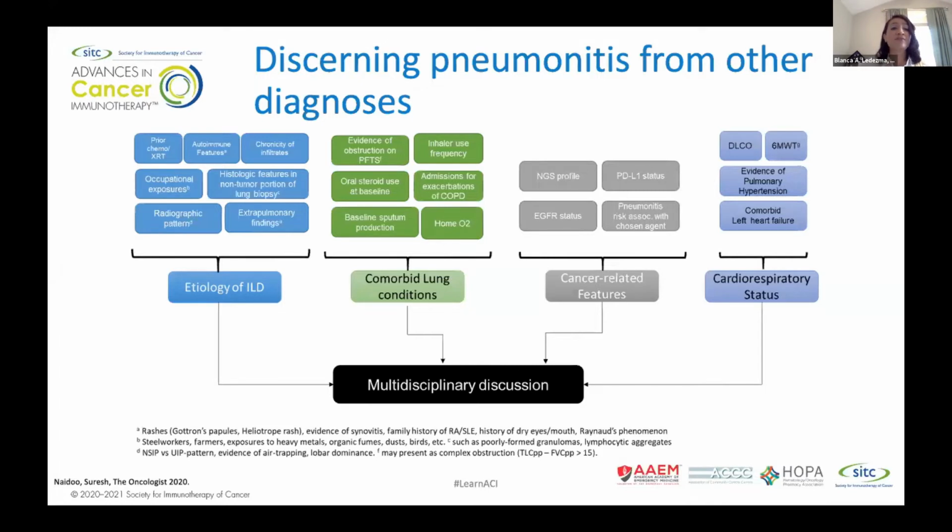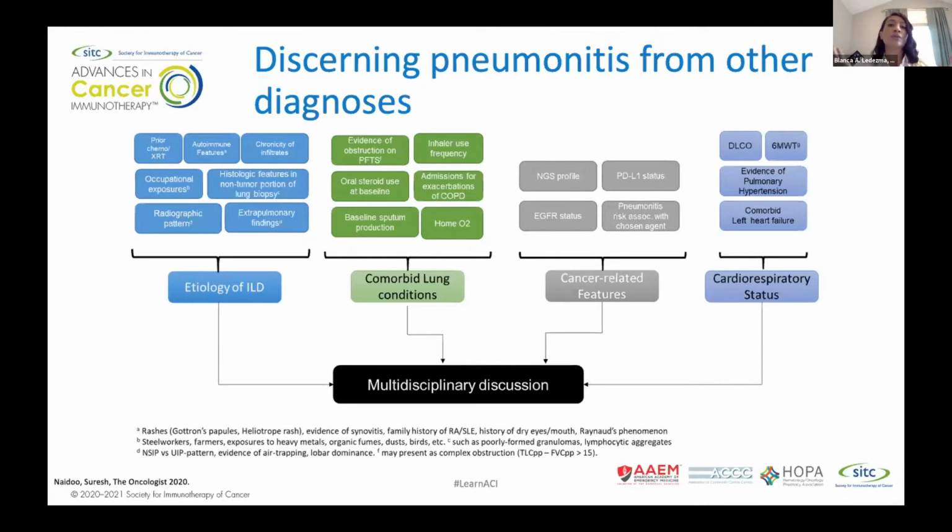Patients can have previous radiation, autoimmune features, history of chronic infiltrates, asbestos exposures, comorbid lung conditions such as a history of COPD, evidence of obstruction, baseline O2 sats, depending on the agent that has been chosen, their cancer-related features, their NGS profile, their cardiorespiratory status, if they have congestive heart failure, pulmonary hypertension.